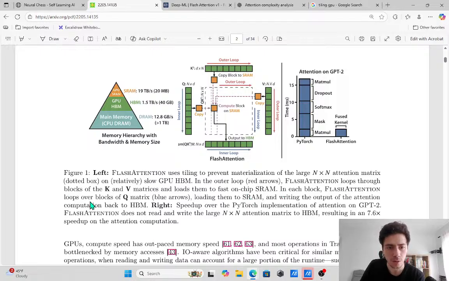Each block, flash attention loops over blocks of the Q matrix, blue arrow. Okay, red arrow. That's the outer loop.